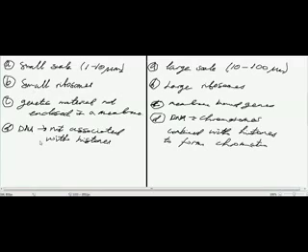One other important aspect of the prokaryote cell is that its organelles are not membrane bound, unlike the eukaryotic cell. So organelles, that is tiny little organs that provide specific functions to the cell, are not membrane bound.